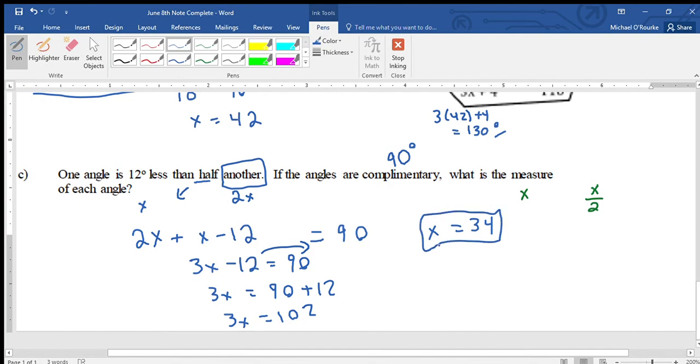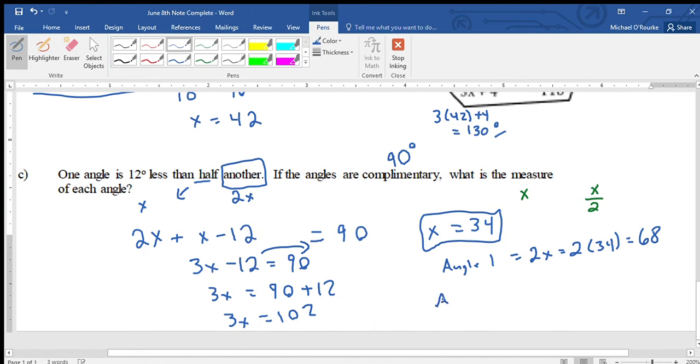Okay. So my two angles then, angle 1, let's make it 2x, which equals 2 times 34, which equals 68.